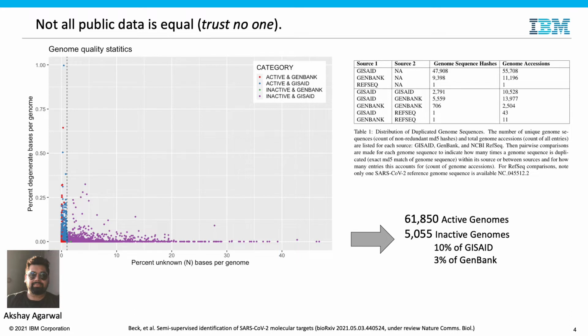That shows the genome accessions and genome hashes that are replicated between those. You can see GSED to GSED, GSED to GenBank, GenBank to GenBank, and so forth, to quantify the duplicated genome information. Some of this can be an actual data artifact, and some of what we did is to quantify that by metadata overlays or similarities.